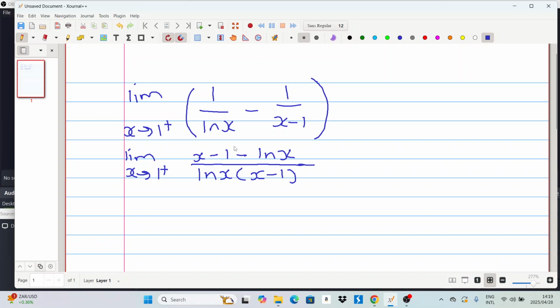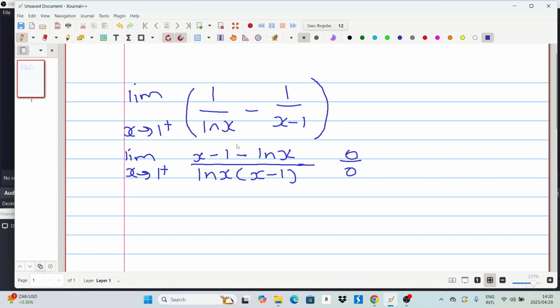So everything on top gives us 0. Then ln 1 gives us 0, and 1 minus 1 gives us 0. So we have a 0 over 0, then we cannot directly substitute.